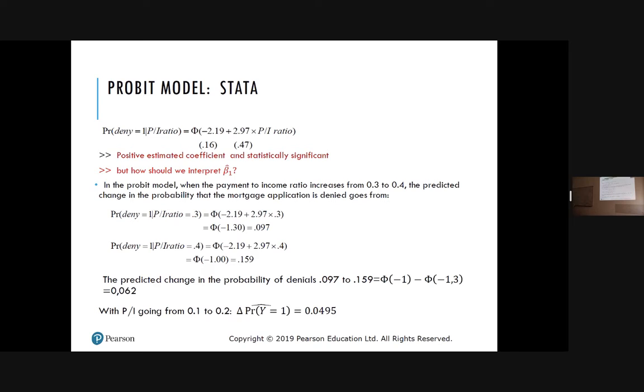So basically what we are computing through this difference is the black area here. So the difference between the red and the blue area. And this difference measures the change in the predicted probability of being denied when the payment to income ratio goes from 0.3 to 0.4.